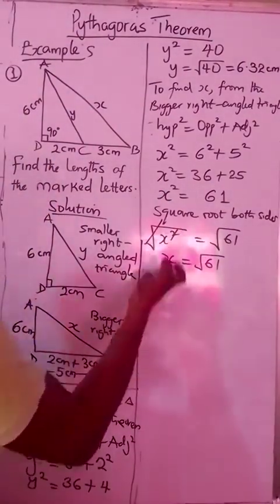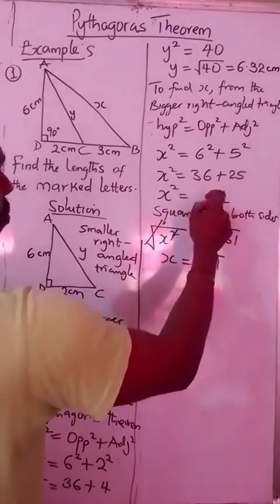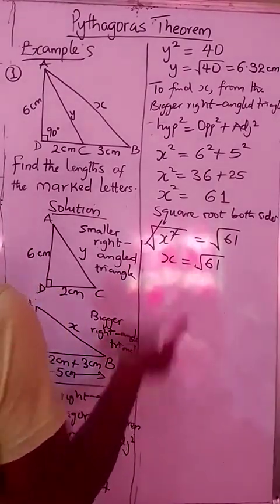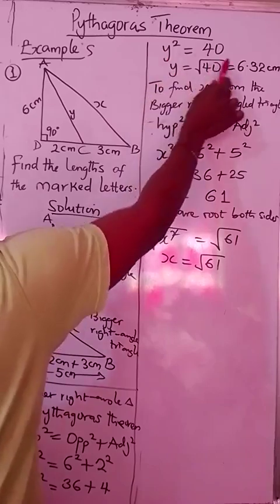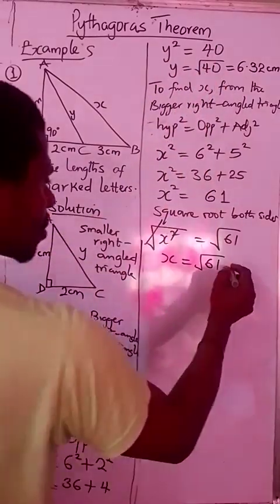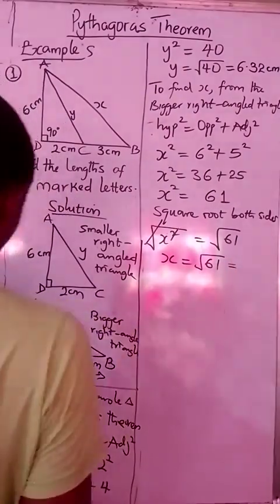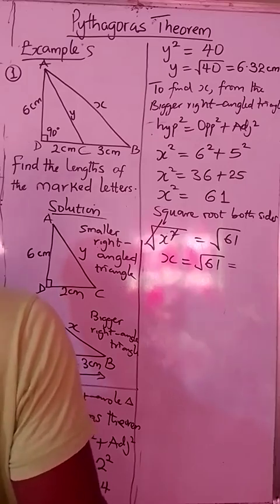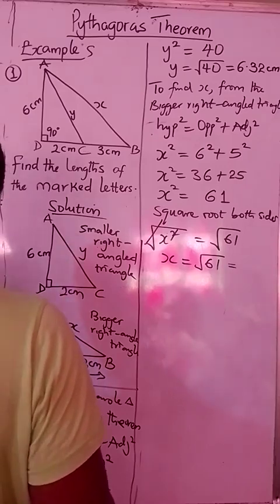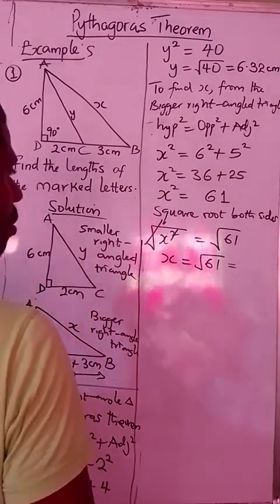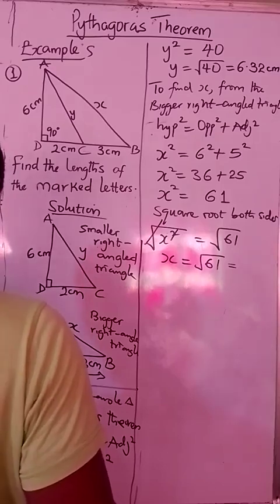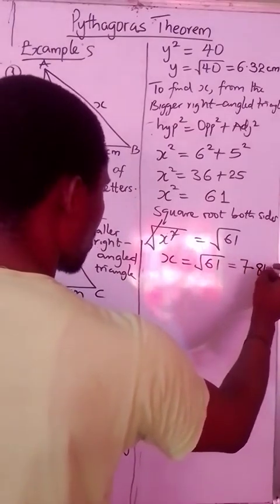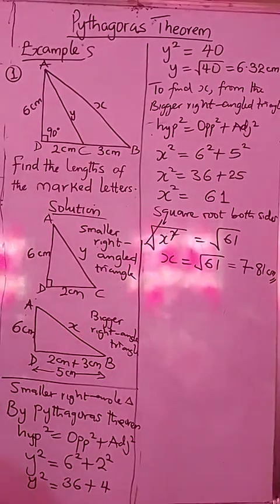This is how our x turns to root 61, using the same method as for our y equals root 40. So our x now will be root 61, which equals 7.81 centimeters. Alright, thank you.